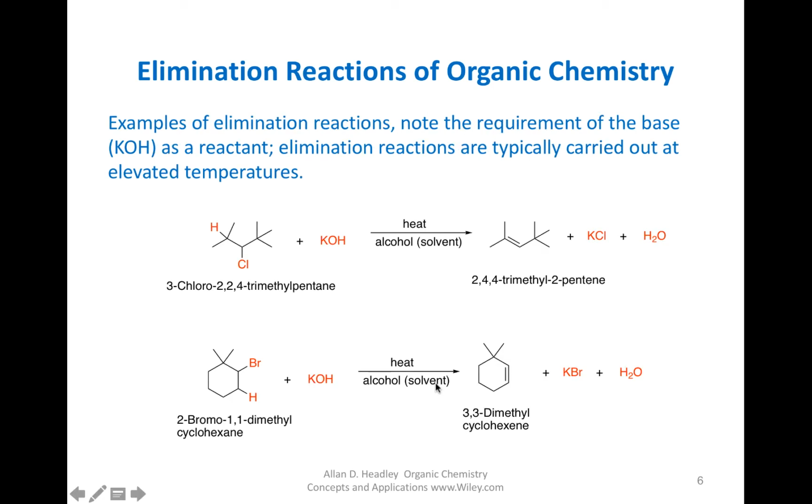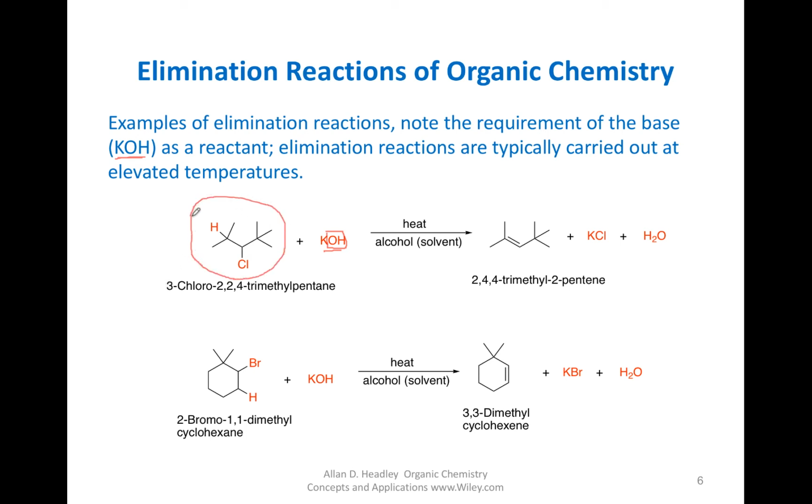Okay, so let's apply what we have just learned. So we have examples of elimination reaction. Now we're going to use a base, KOH, a specific base here. So here's the base, K plus and OH minus. Here is our molecule, right here.